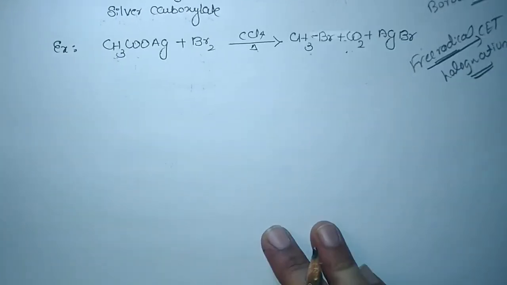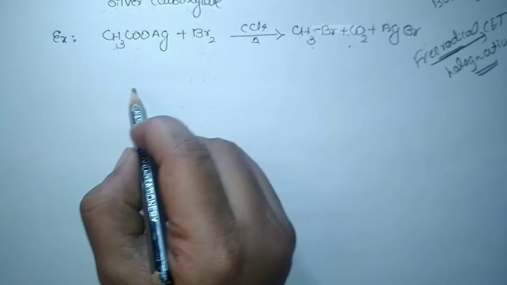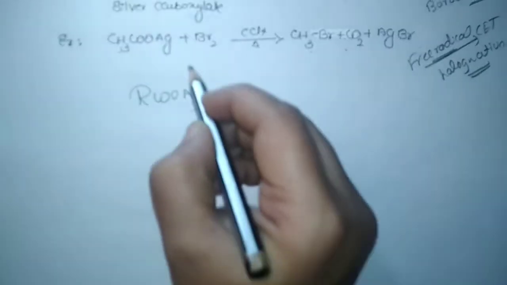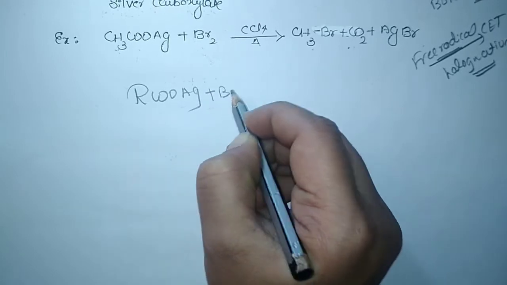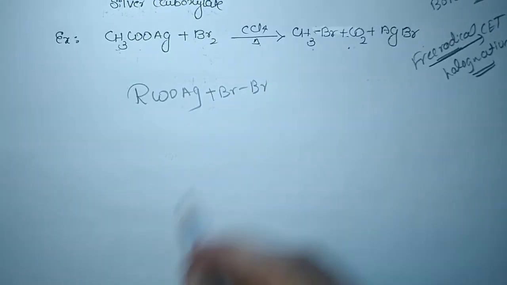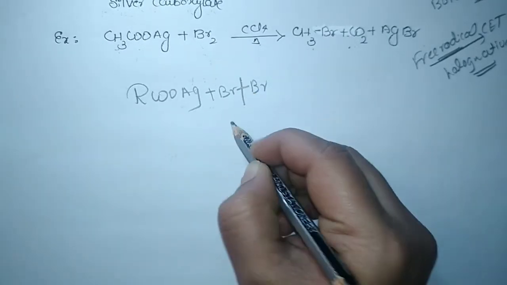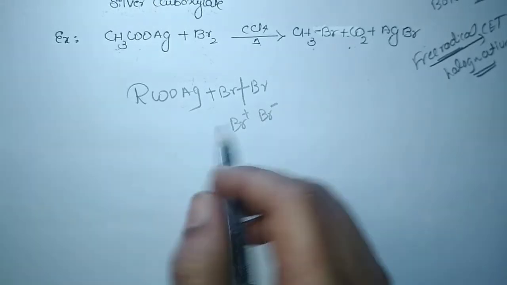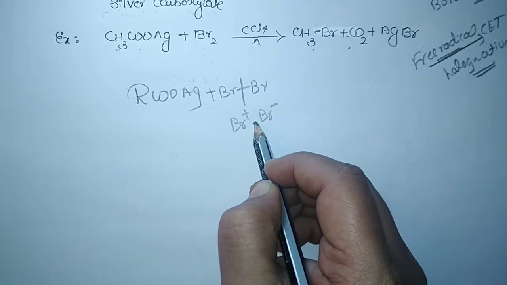What do you mean by free radical halogenation? Quite simple. We have RCOOAg plus Br-Br as the reacting mixture. The Br-Br bond breaks, and we have Br plus and Br minus, unequal cleavage, which we call heterolytic fission.